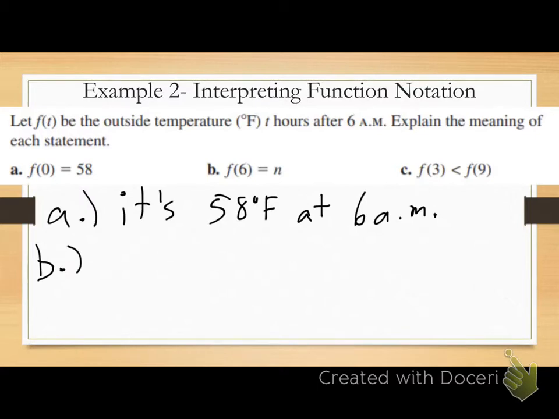Noon, right? 12 o'clock p.m. So what's it saying if f of 6 equals n? 12 o'clock. What's the temperature at 12 o'clock? In degrees Fahrenheit.